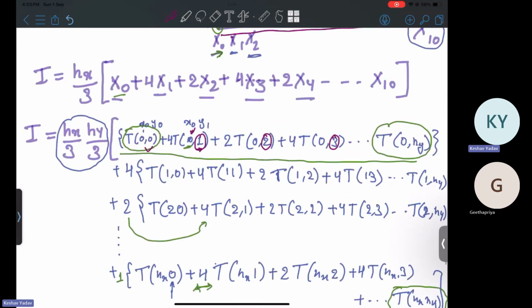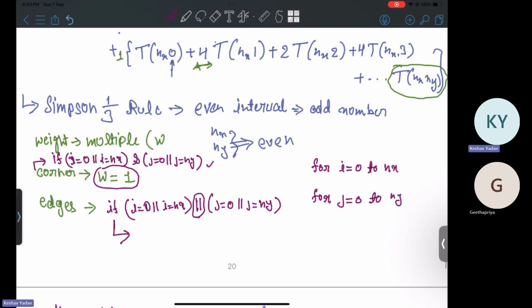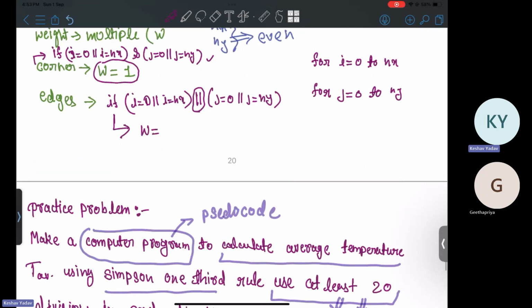So if the other point is odd, so here it is 1, which means it will be multiplied by 4. If it is even, then it will be multiplied by 2. So my W can be 4, or here W can be 2. Both can be possible. Okay.